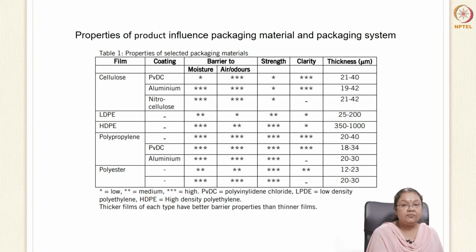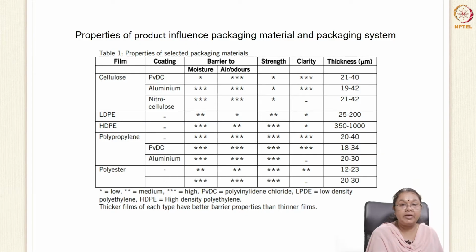But again, it is finally the packaging that decides whether the product can remain safe or not, or whether it can continue to have the component with which it was enriched or fortified. Can it be retained till the product reaches the consumer? So there, packaging is a very important criterion, and we have to choose a suitable packaging material so that whatever methods we adopted to extend the shelf life and to retain the nutritional quality are retained and not lost before the product reaches the consumer.